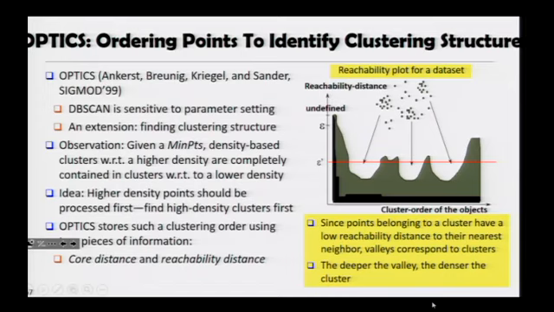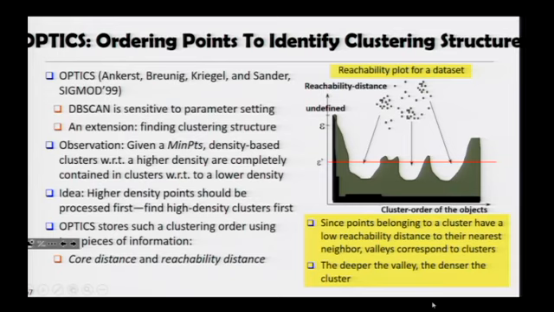One way of doing this is to ask, can I just rely on one single parameter instead of two? The basic idea behind OPTICS, the ordering points to identify the clustering structure, is to make the algorithm less reliant on the epsilon neighborhood, but just rely on the minimum points, which means they take the minimum points at hand and use a more flexible way to identify the local neighborhood size.